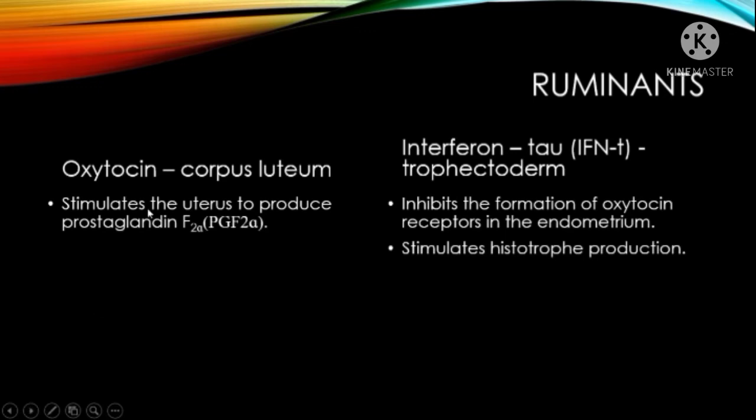In ruminants, the corpus luteum produces both oxytocin and progesterone. Oxytocin stimulates the uterus to produce prostaglandin F2 alpha, which, as we recall, stimulates the regression of the corpus luteum, which should be avoided to continue pregnancy.